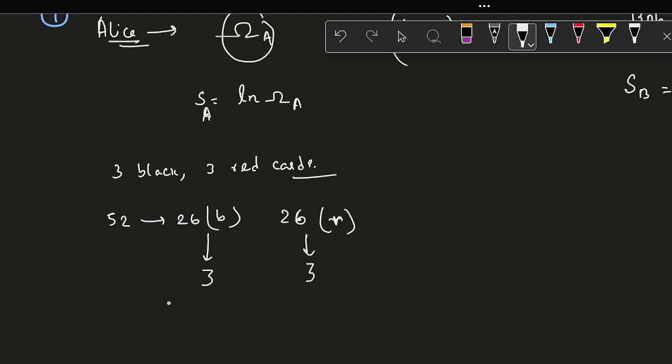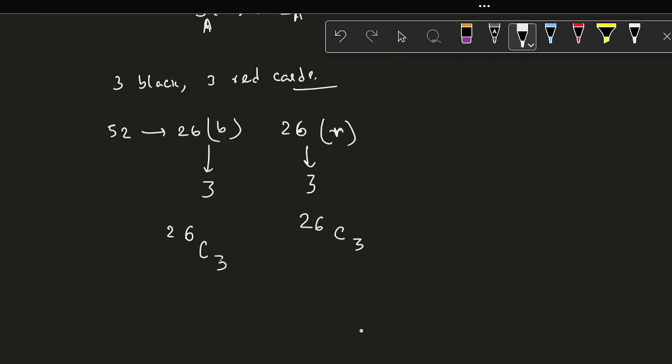For picking the black cards you have 26C3 ways, and for picking the red cards you also have 26C3 ways. Because these two are independent of each other, one being black and the other red, they will be multiplied to get the total number of ways.